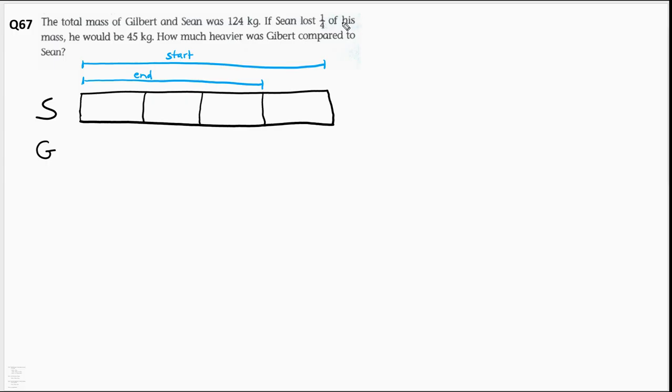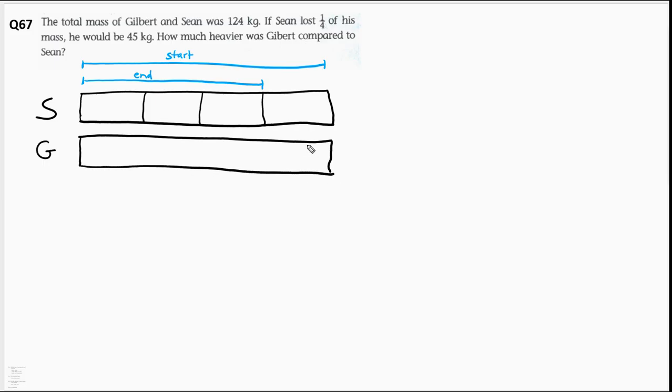Okay, so that's Sean's. Let's draw Gilbert's in before we put in that other information. So what do we know about Gilbert? Well, it does say how much heavier was Gilbert compared to Sean, and that is at the start. So we know that Gilbert has at least as much as Sean.